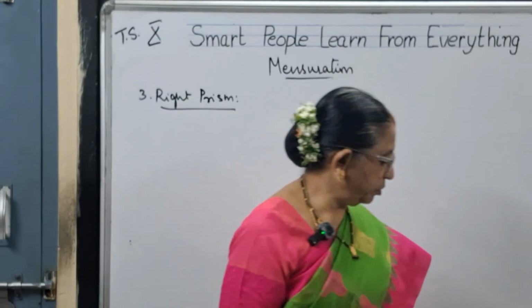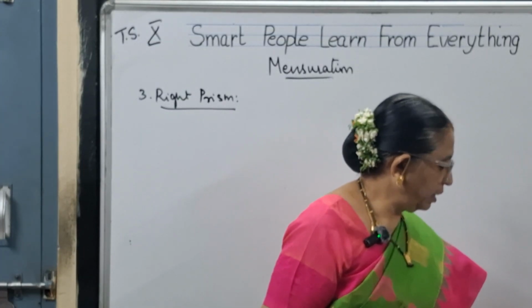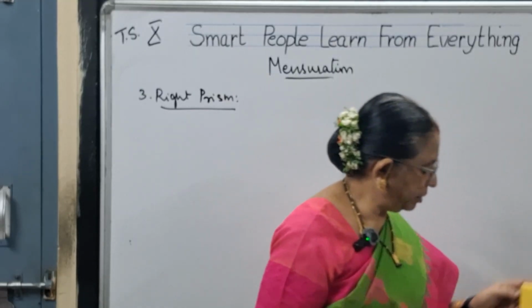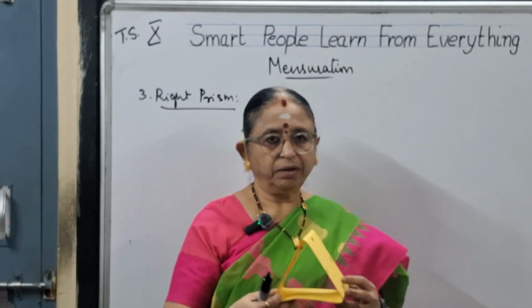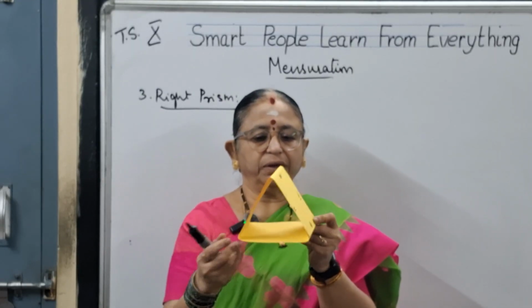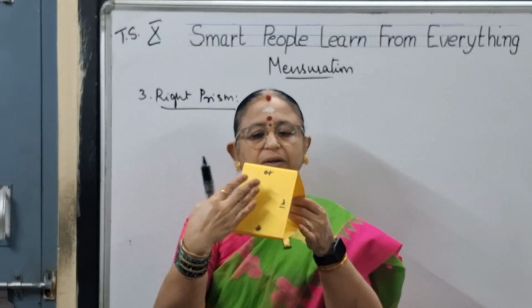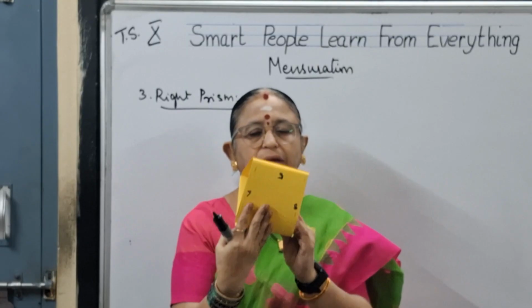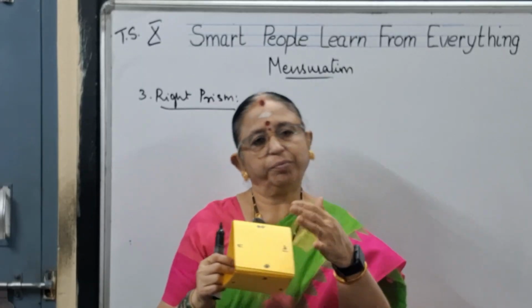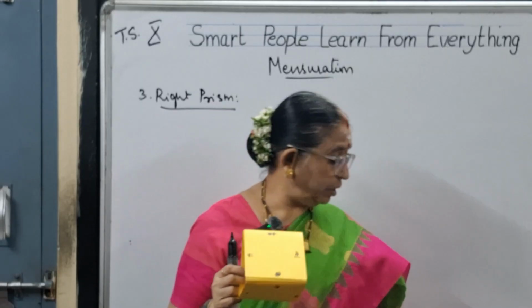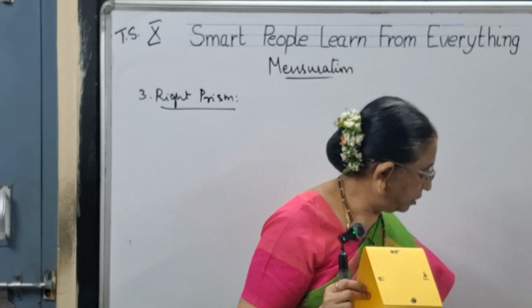Now let us talk about the prism, children. Right prism. See, a prism is usually in this shape. It has two triangular bases and 1, 2, 3 rectangles or parallelograms. So here the topic is the right prism.